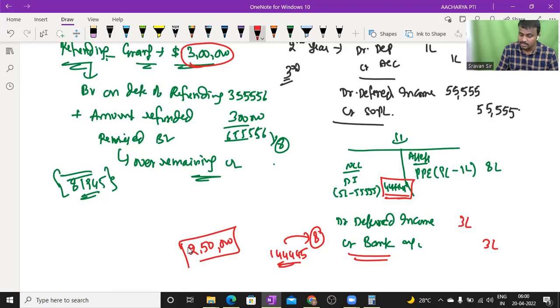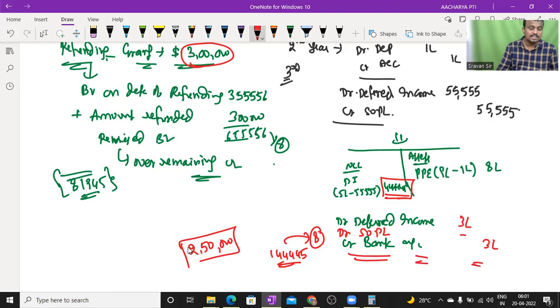Then we write debit deferred income and debit statement of profit and loss, credit bank account. So first we refund the amount from the deferred income account, and if that is not sufficient, then the balance is taken from the statement of profit and loss, where the deferred income was previously transferred proportionately to the credit side of the P&L.